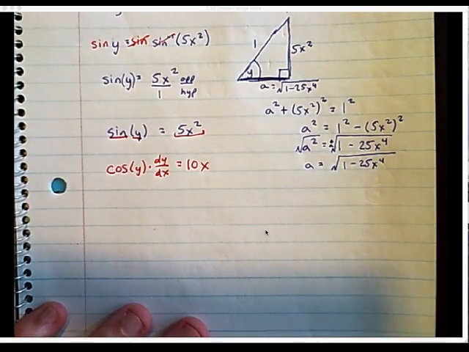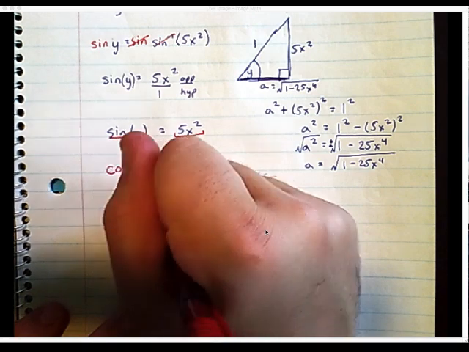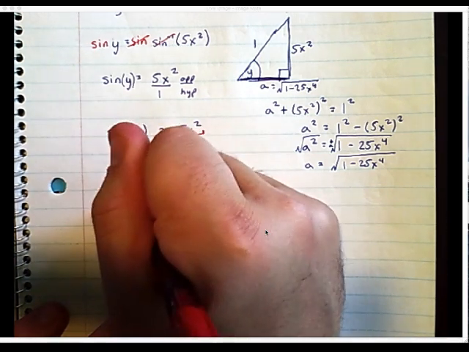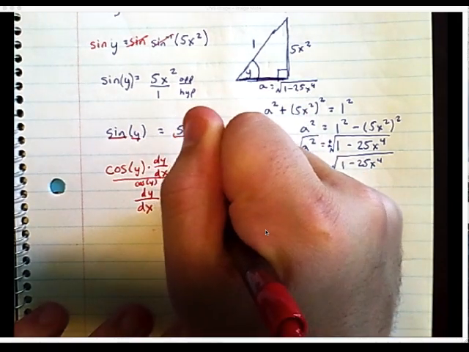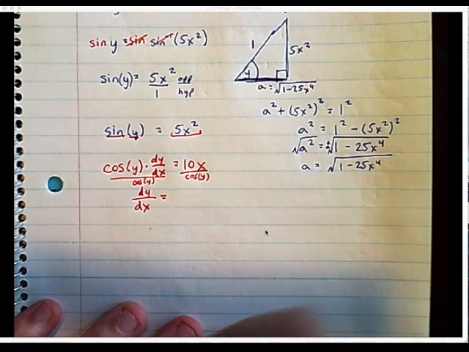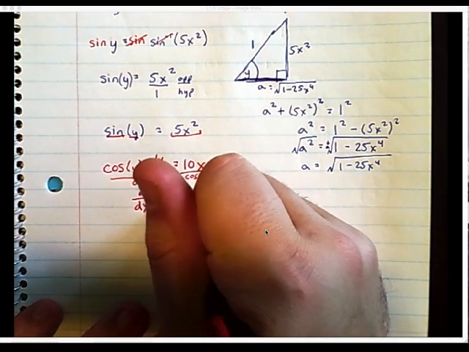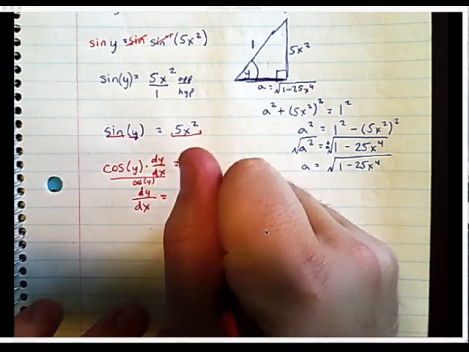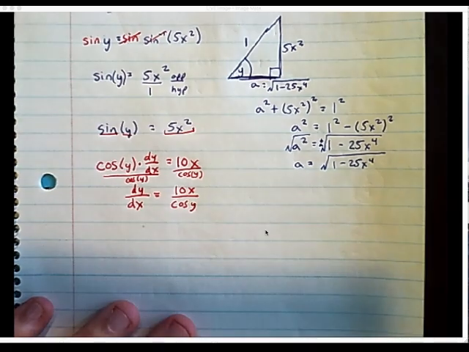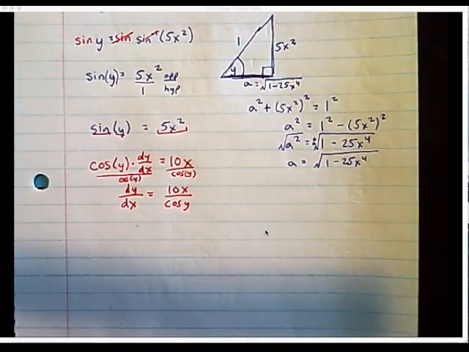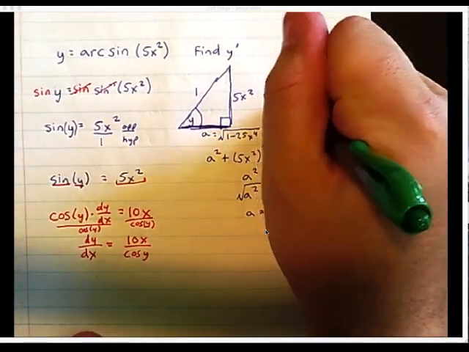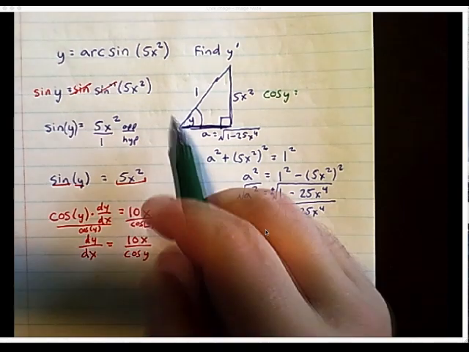Okay. Now if you wanted to get the derivative by itself, okay, you would divide both sides by the cosine of y. So here, we would get 10x over the cosine of y. But I don't want any y's in my final answer. I want to go back into x world. Okay? So look back at this triangle. What would the cosine of y be equal to? Well, here's my angle.